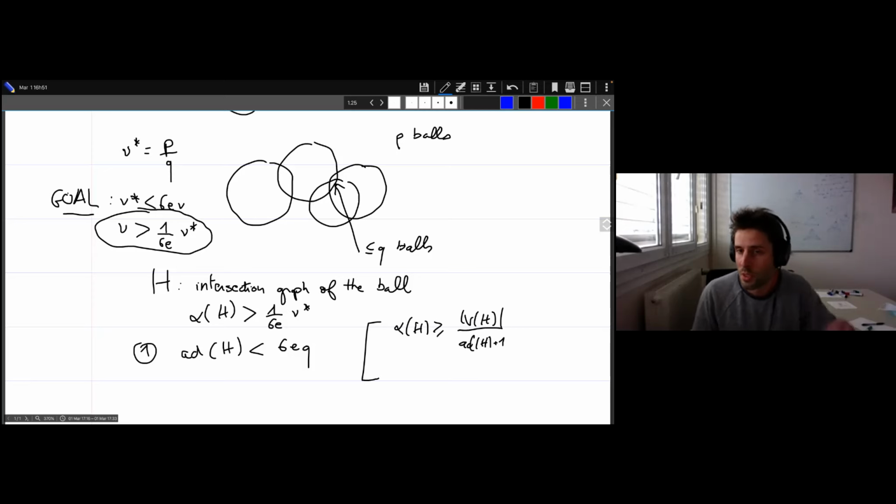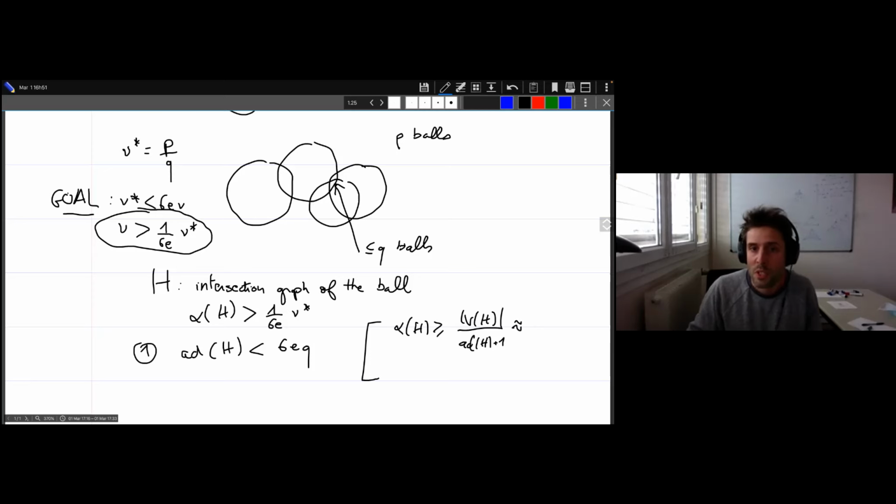It's a classical result. You take a random order on the vertices and build the greedy independent set, and you can prove that it has size at least the number of vertices divided by the average degree plus 1. The average degree will be quite large, so this is not very far from the number of vertices divided by the average degree.